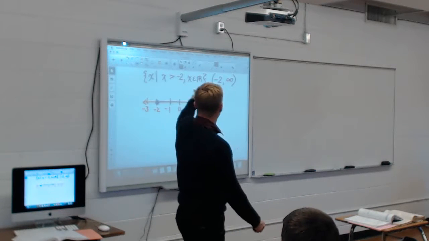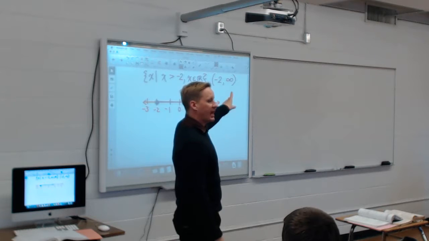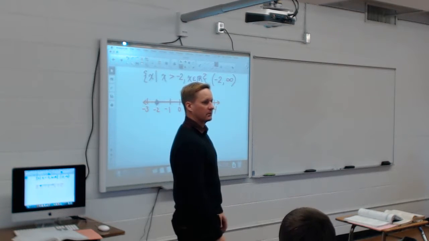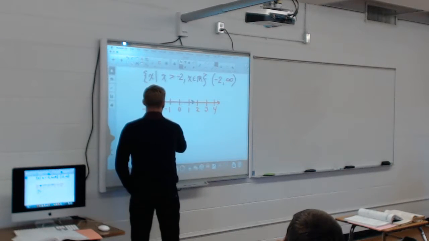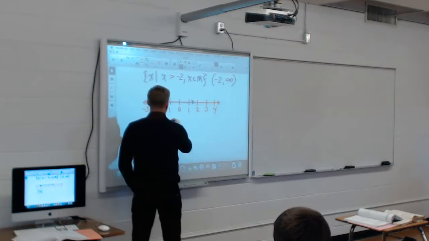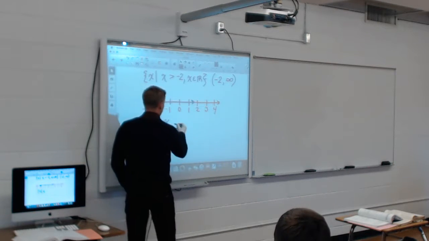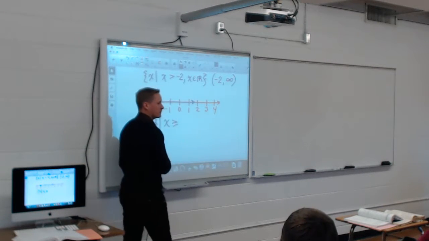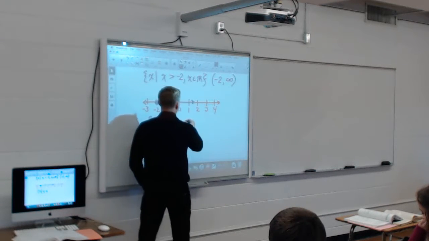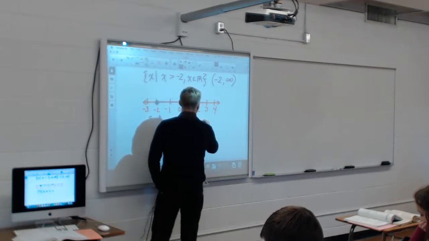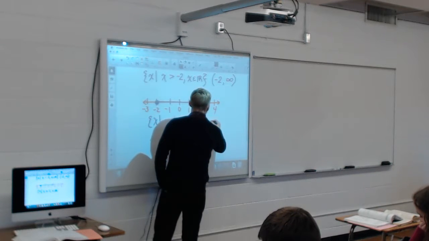So how does my notation up here change, John? You have to change the greater to equal or greater. Okay. Sure. So x such that x is greater than or equal to. That implies that it's also equal to -2, where x is an element of all reals.